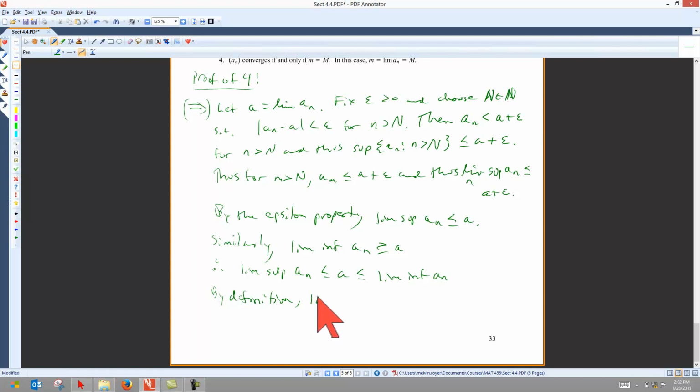By definition, lim inf of a_n is less than or equal to lim sup of a_n, and now this inequality and this inequality together show equality. Therefore, lim inf of a_n does equal lim sup of a_n.